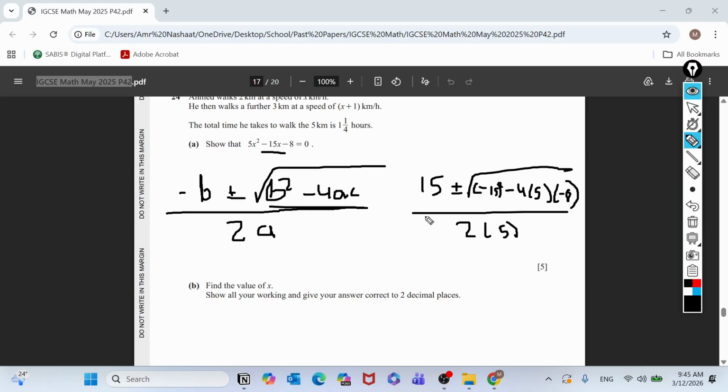Okay, so when you put plus on your calculator, you're gonna get 3.46. If you put minus, you're gonna get negative 0.46.